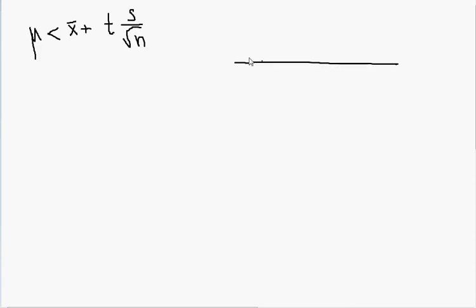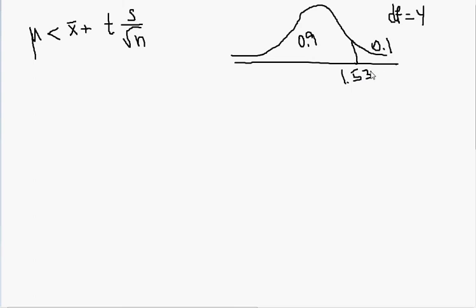Well, we have a 90% confidence bound, and so it's a one-sided picture, so I have a different looking picture than I had before. And so we have 0.1 over here. And so I find the 90th percentile for the t distribution with 4 degrees of freedom, or else I use the 0.1 column in the table, and so I get the answer of 1.53321.